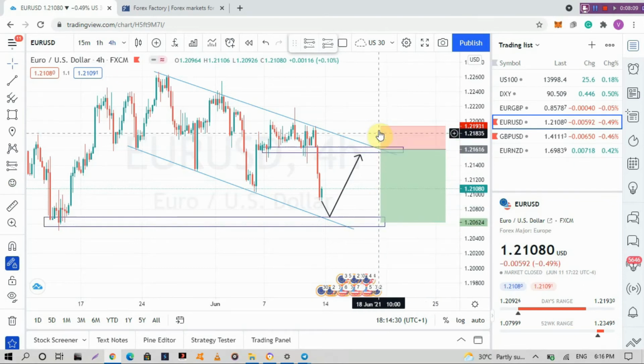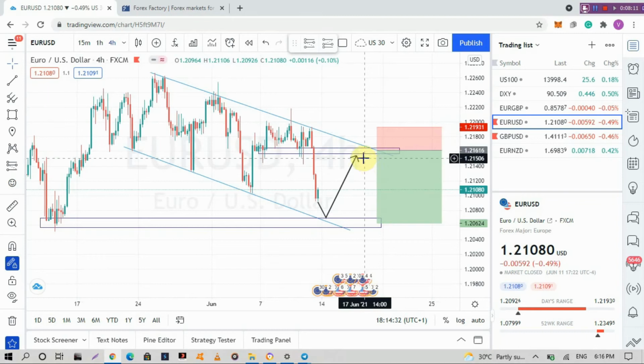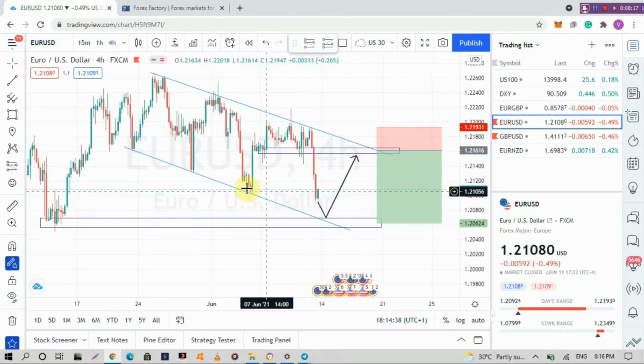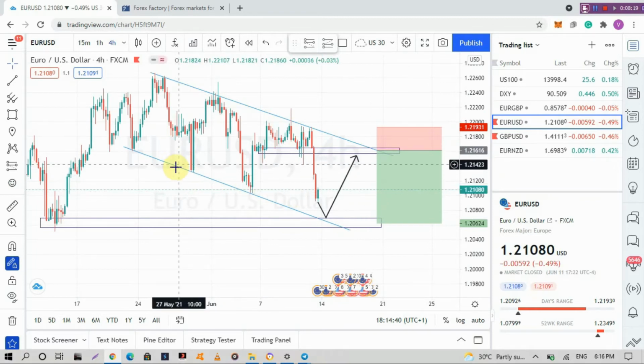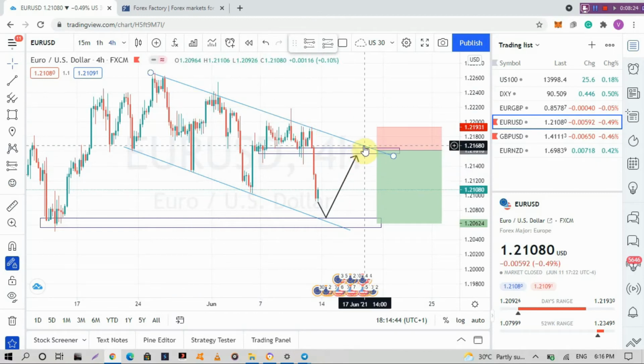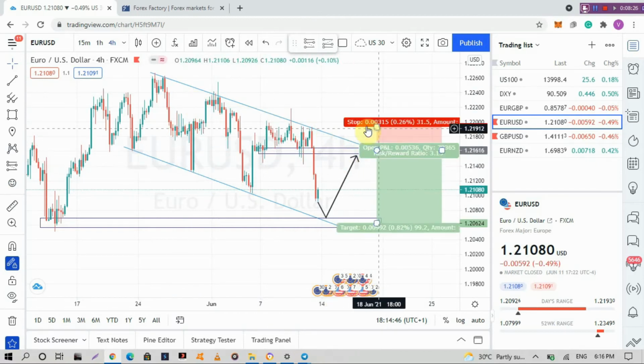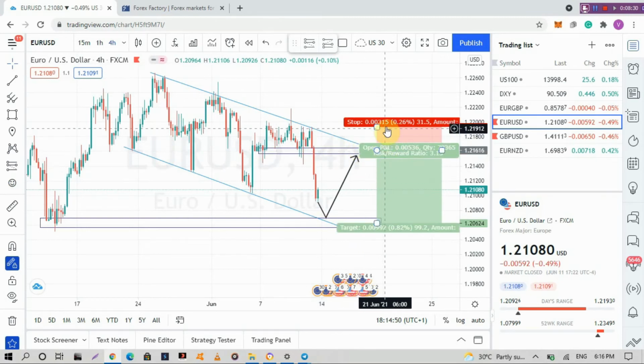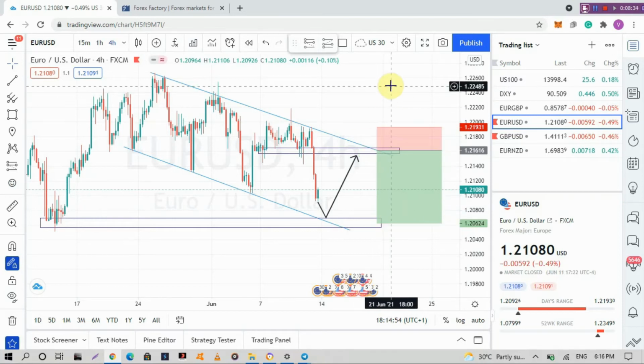I'm just going to be waiting for price to reach here, because I want to be trading with the trend. Remember, the trend is your friend, and always respect market structure. Market structure is a downtrend, so I'm going to be waiting for an entry around this region. When price reaches here with further confirmations, I will be looking for a sell around this region on EURUSD.